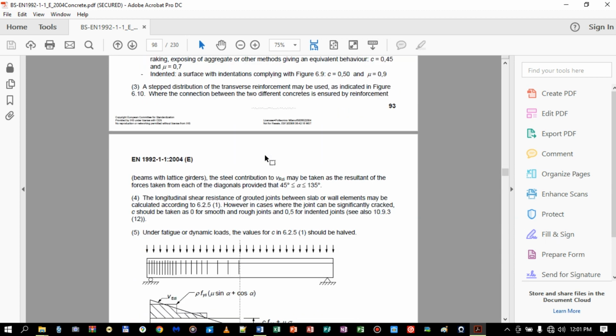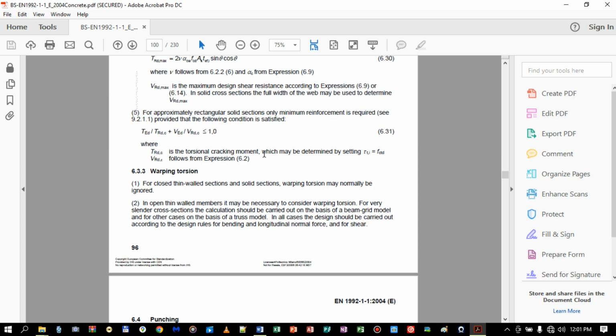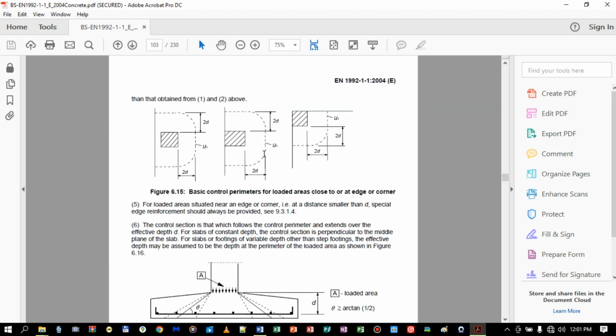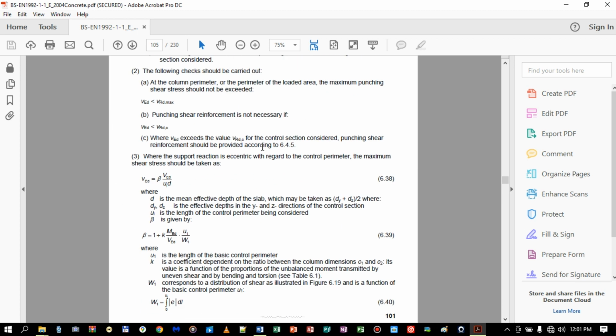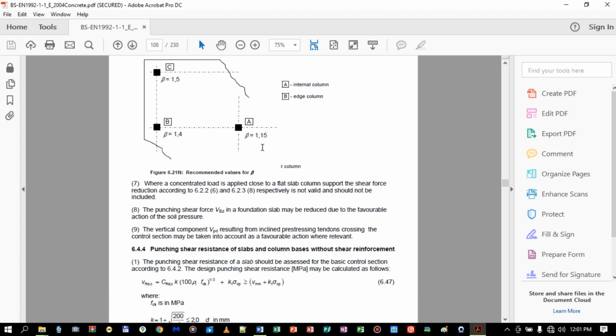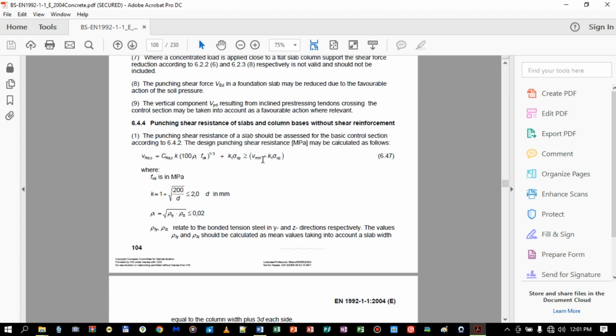I want to head to that table 7.4, where we can get the basic span to effective depth ratios for the various stress levels and the span types.